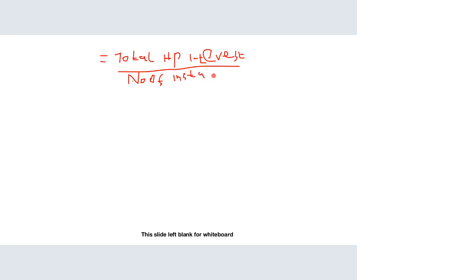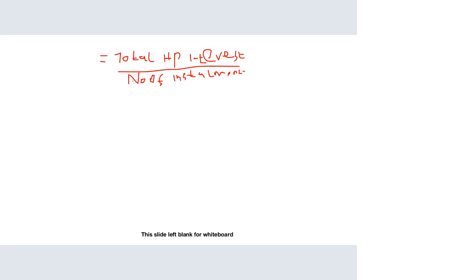So if you do that, then we'll get the hire purchase interest per installment. So that is the formula. So an example, we can look at an example.